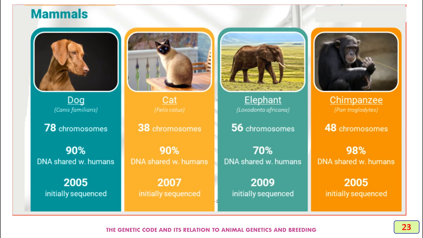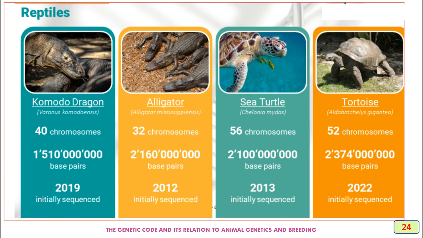And the chimpanzee, called Pan troglodytes, contains a very near number of chromosomes, 48, and 98% similarity with the human beings. Accordingly, this tells who our ancestors are.